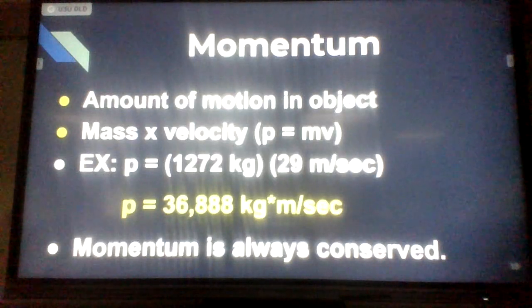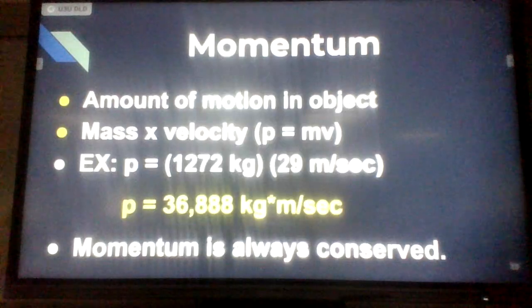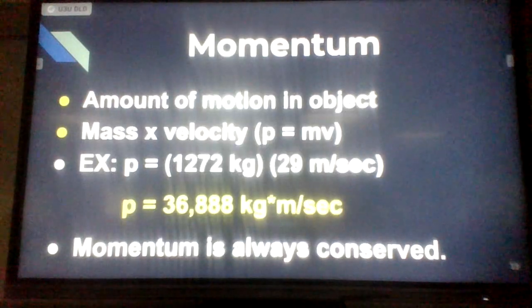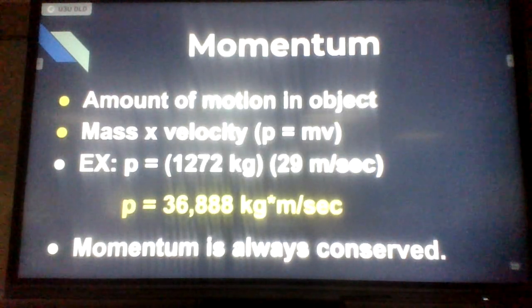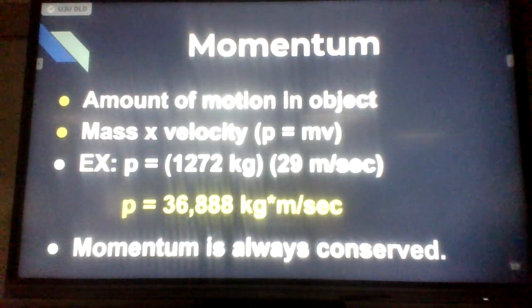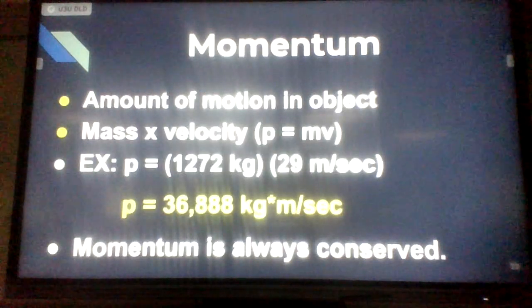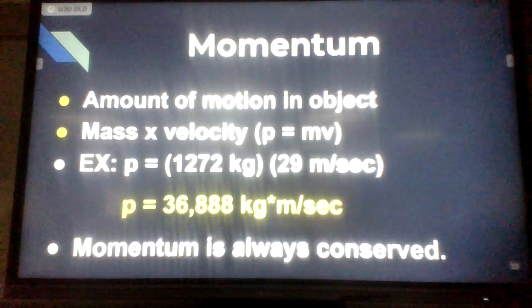Say you're hitting a baseball with a bat, the momentum of your bat before you hit the ball is equal to the total momentum of the bat and the ball after you make contact. And we'll talk more about that as practice problems come up. But momentum is always conserved. Same amount both before and after an event occurs.